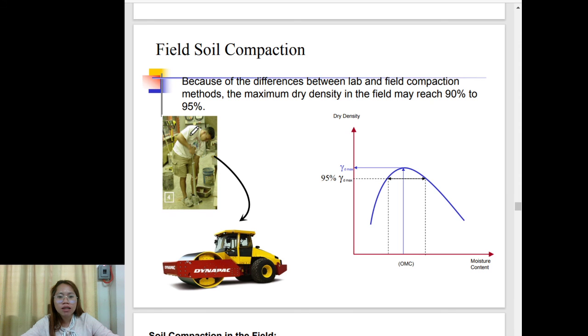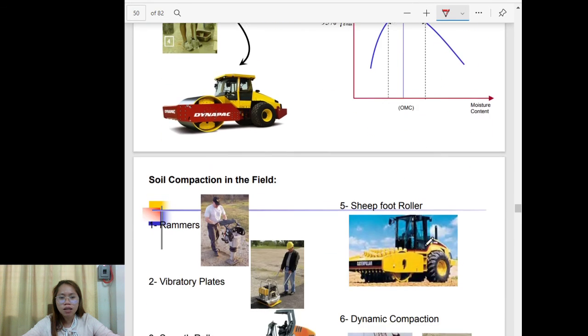So compare this. This is in the laboratory and this is in the field. So we have here a figure of the optimum moisture content versus the dry density. So this is in the field, no? May reach 90 to 95%.